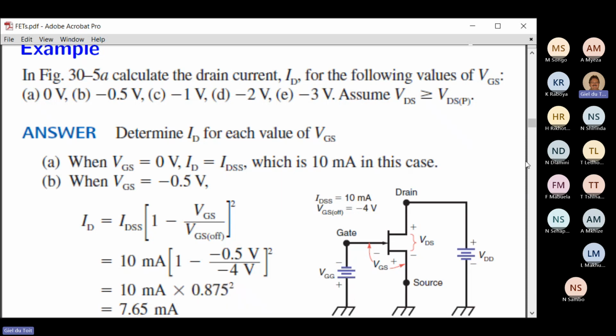So we choose a current of 10 milliamp here. And if we have a resistor here in series, we can actually calculate the volt drop over that resistor, because we know that the drain source current, this main current, is 10 milliampere.